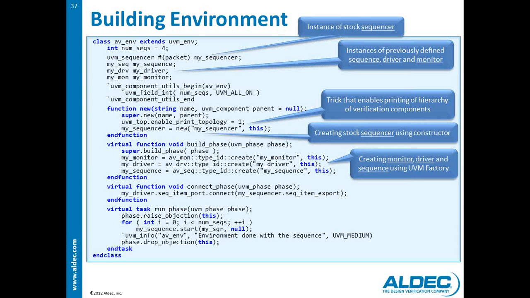In build phase function, we are using factory to build components. So here you can see the way that can be used to build monitor, driver, and sequence instance using factory resources. And then in connect phase, we have to connect our sequencer with driver.